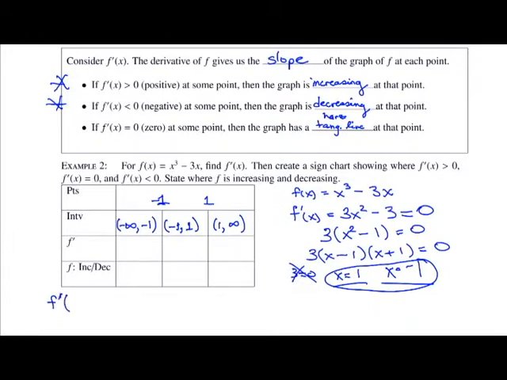I'm going to pick negative 2, and I'm going to plug it into one of the representations of the derivative. It could be this one, it could be this one, or it could be this one, because all three of these are equal to the derivative. Usually your best bet is to pick the factored form, because then you can just easily trace out what happens to the pluses and the minuses.